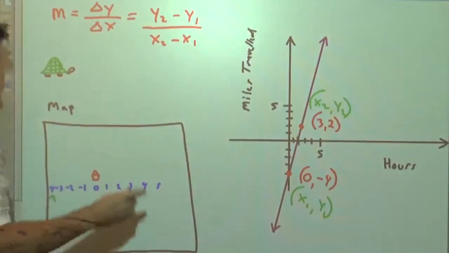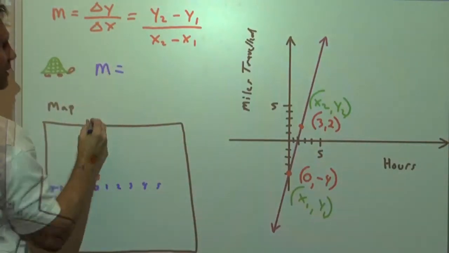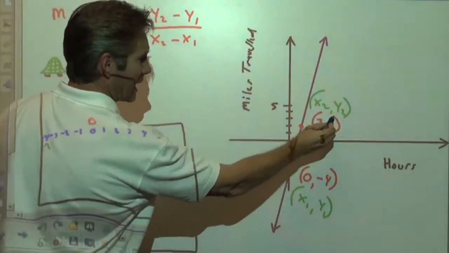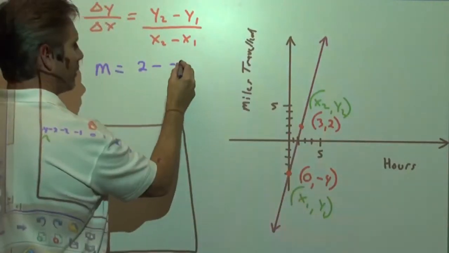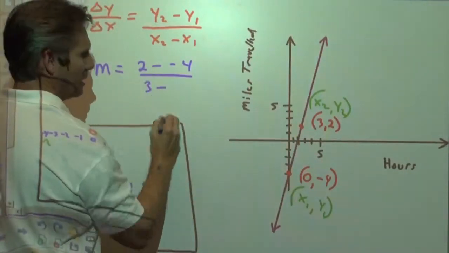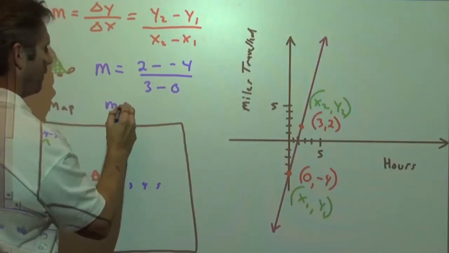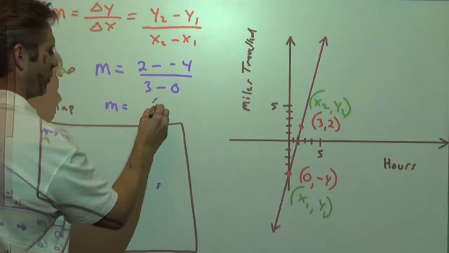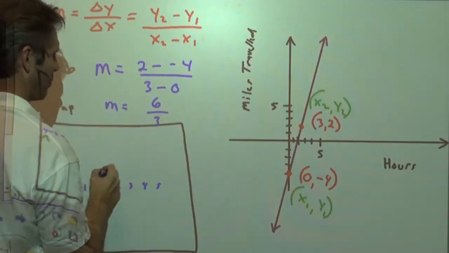If we follow this formula, then our slope is going to be the second y, which is that 2, minus the first y, which is the -4, divided by the second x, which is 3, minus the first x, which is 0. If we do the math on this, we get 2 minus -4, which is 6, divided by 3 minus 0, which is 3.